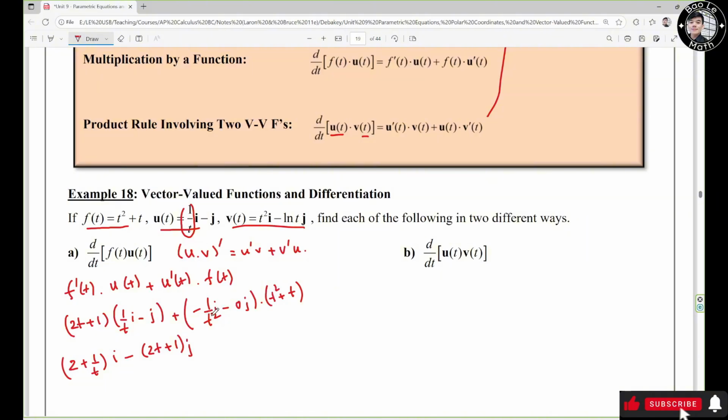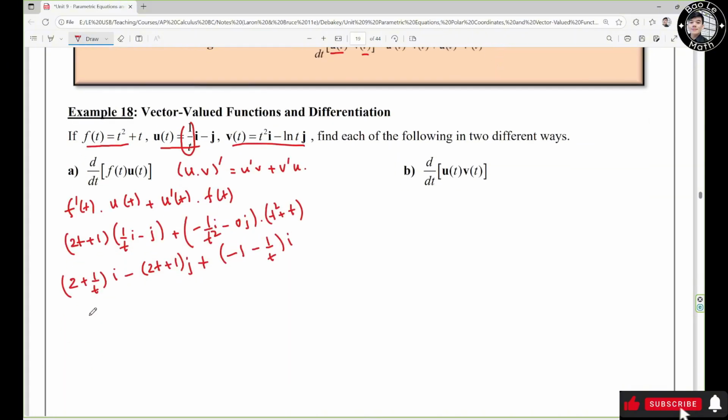T squared times this one is going to be plus negative 1, and t times this one is going to be negative 1 over t, and then i. The j component here is 0. Now I'm going to combine: negative 1 add 2 is going to be 1, and 1 over t add negative 1 over t is going to be 0. So I have 1i minus 2t plus 1 j.